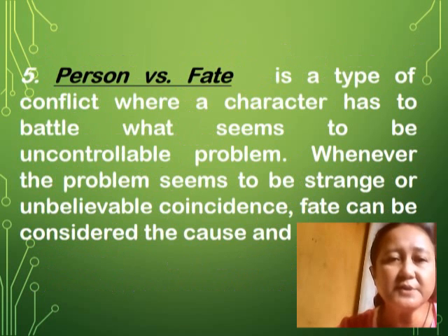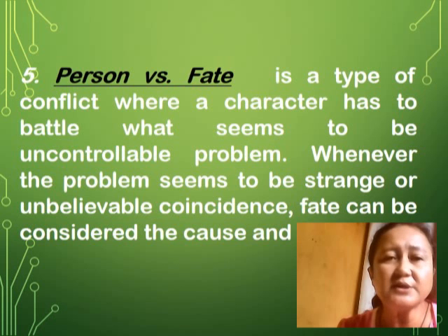Then person versus fate. Okay. This is a type of conflict where a character has to battle what seems to be an uncontrollable problem. No? So whenever the problem seems to be a strange or unbelievable coincidence, fate can be considered a cause. Okay, so fate.